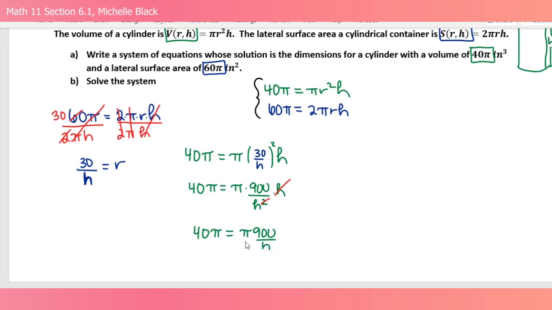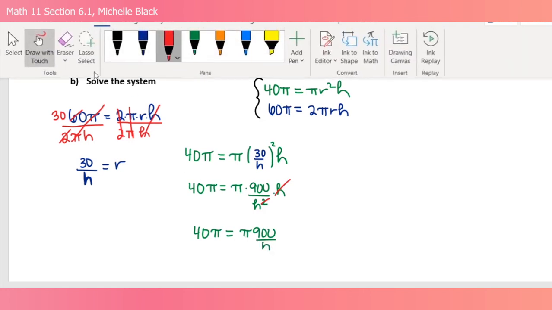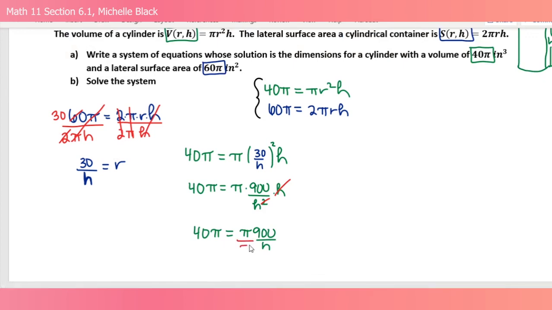I can also divide away that pi to the other side, leaving 40 equals 900 over h. And we want to solve for h, so I need to get h out of the denominator.